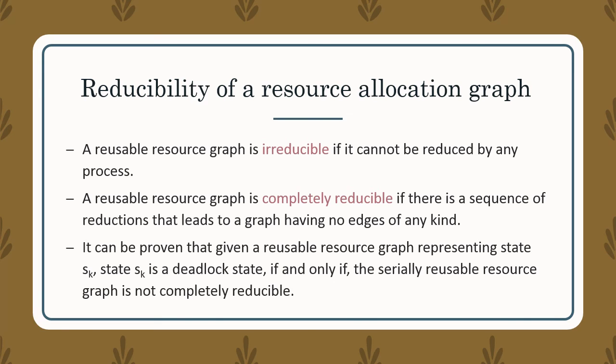It can be proven that a reusable resource graph representing state Sk is a deadlock state if and only if the serially reusable resource graph is not completely reducible.